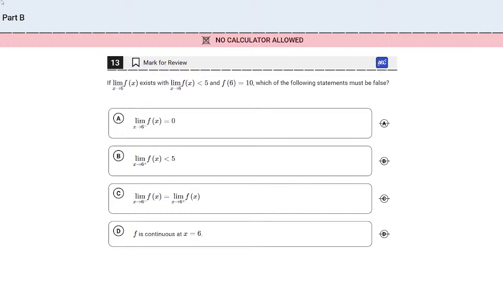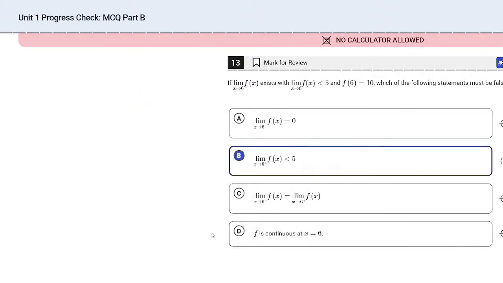So if the limit as x approaches 6 from the left side equals 0, hmm, which is false? That could be true, but this, if it's approaching, well, it has to be less than 5. That could be true too.